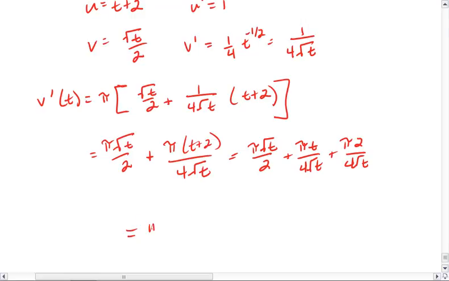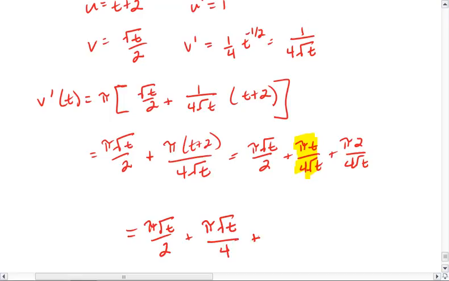Okay, pi root t over 2 stays the same, but pi t over 4 root t, the t over root t can be altered into just pi times root t all over 4.